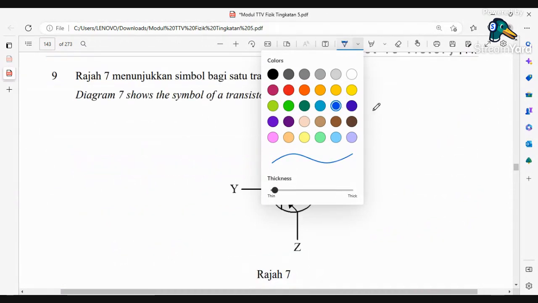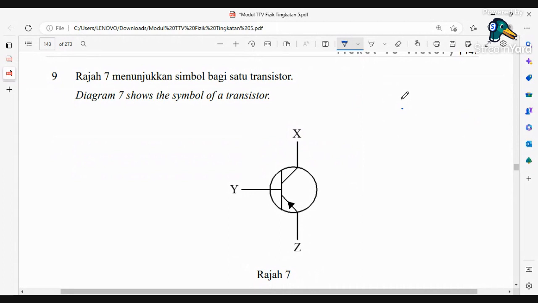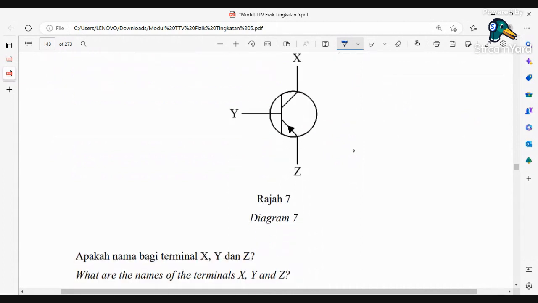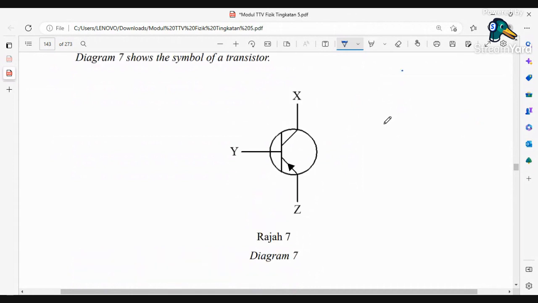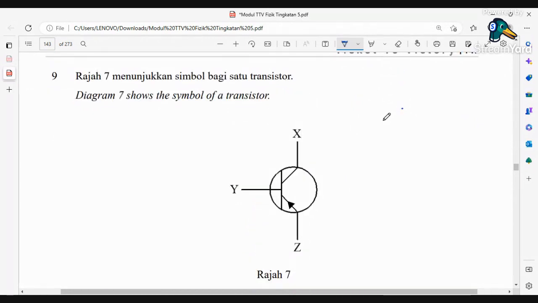Okay, number 9. Transistor. There are two types of transistor. A transistor is made of a combination of two p-n junctions. If you look at the direction of current like this, current always flows from positive to negative.